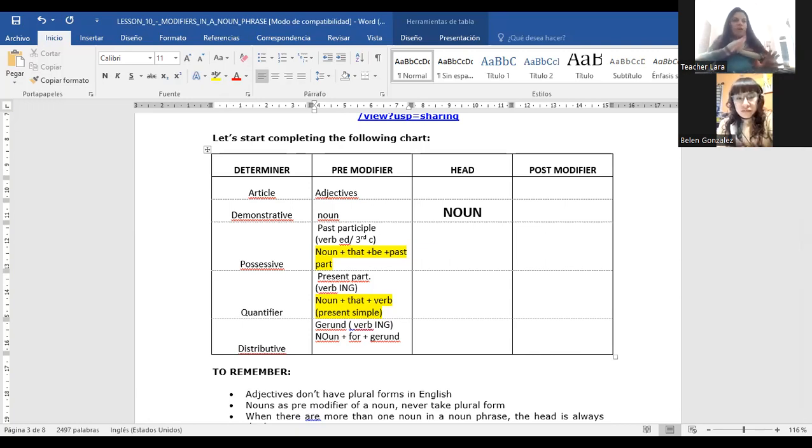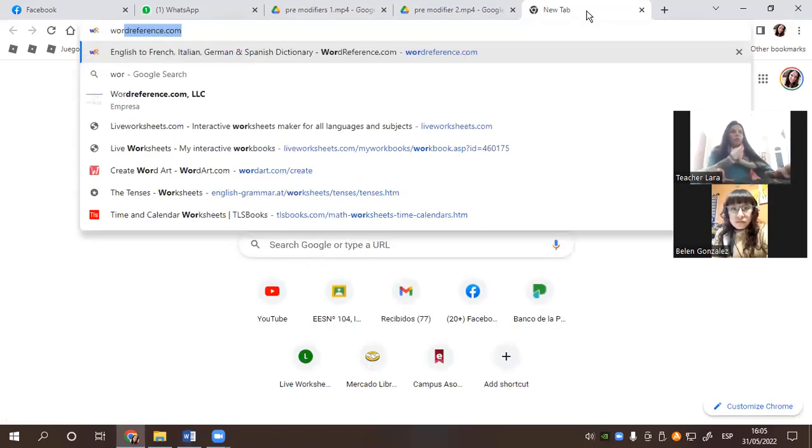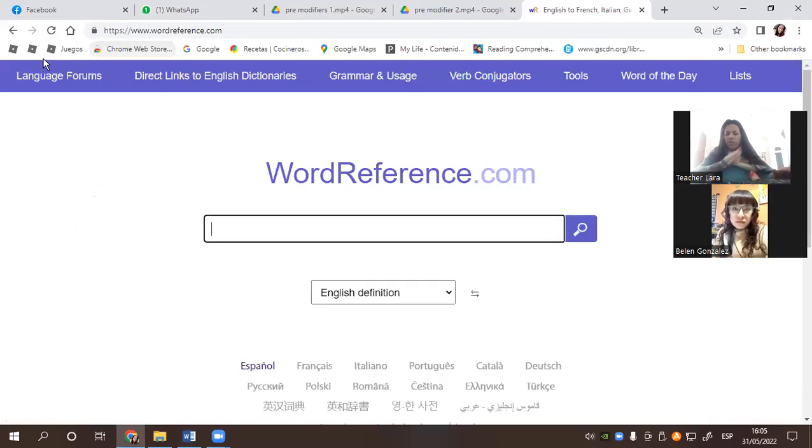We are going to check. I will share my computer screen with you, and we are going to check the meaning of Wuthering. I think that you are going to read this this year for written expression 3.